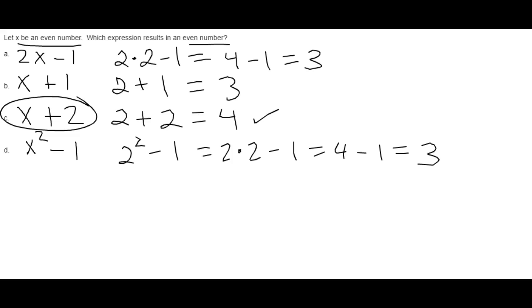But one of the biggest things we can take away from this is if it's very generalized and you're not sure what they are even talking about, there's a whole bunch of variables, replace it with a number that fits the category they're talking about. If it says even, replace it with even. If it says odd, replace it with odd. Positive, replace it with positive. And that can help you visualize a little bit better and see, okay, this is what's going to happen, and this is my result in the end. So that concludes our discussion on properties of numbers.